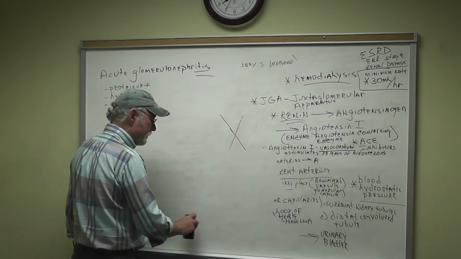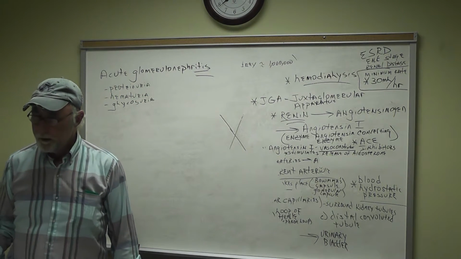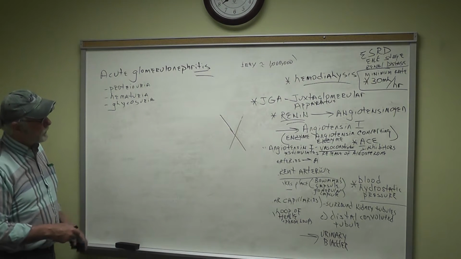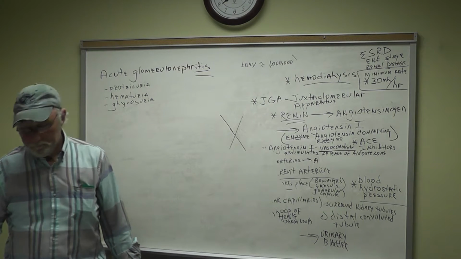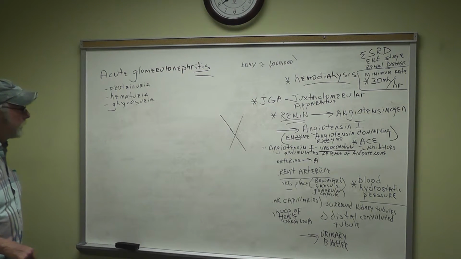For the most part, there's a genetic predisposition to forming these things. If your mother or your father or anybody in your immediate family had a tendency to form kidney stones, chances are you may have inherited that same tendency.